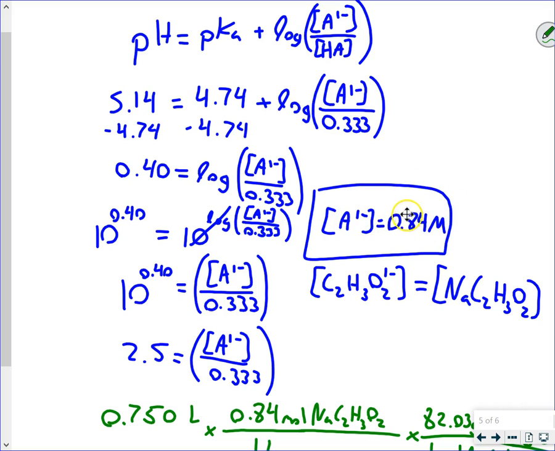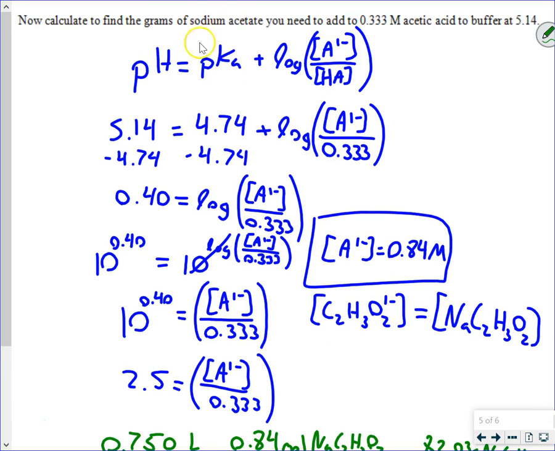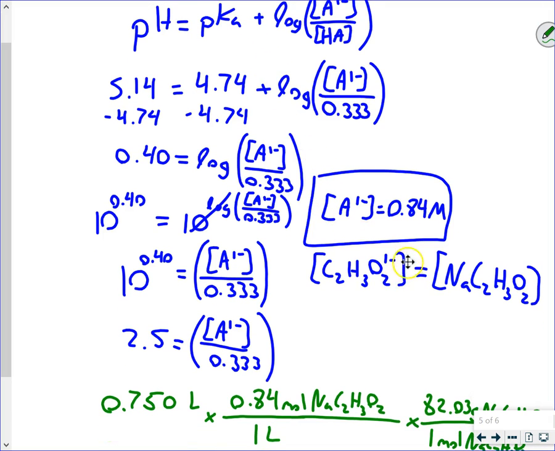Now, because this is acetic acid and acetate, we solved for the acetate concentration. But in the problem, it's asking us how many grams of sodium acetate we need. So in reality, we have to get back to the concentration of the original sodium acetate. Sodium acetate is a salt.